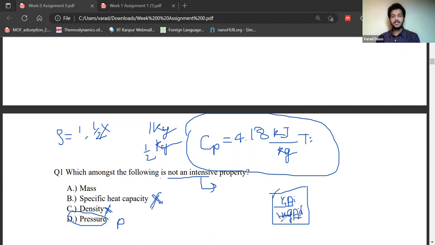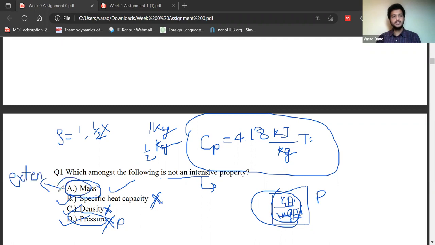It doesn't matter what the amount is, the pressure is always going to be the same value. So this also doesn't depend on mass, but mass depends on itself. That is why this is an intensive property, this is an intensive property, this is an intensive property, but this is an extensive property.